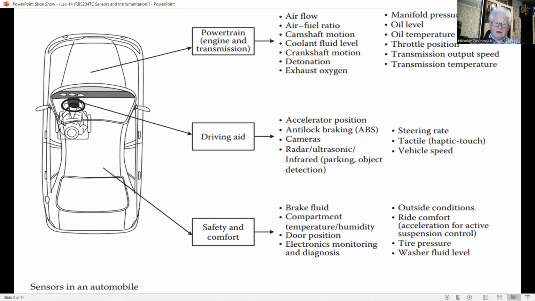The next class is pressure sensors, such as manometer, Bourdon tube, and diaphragm type. Temperature sensors include thermocouple, thermistor, and resistive temperature detector, RTD.